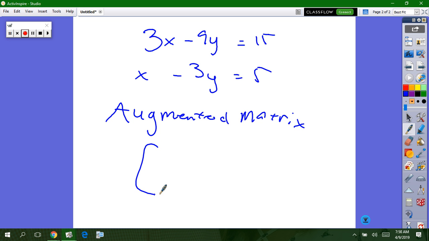It would look like such. Notice we have 2 rows by 3 columns.